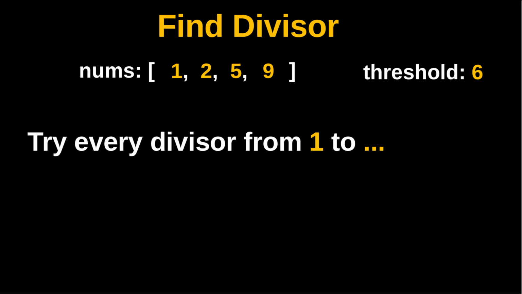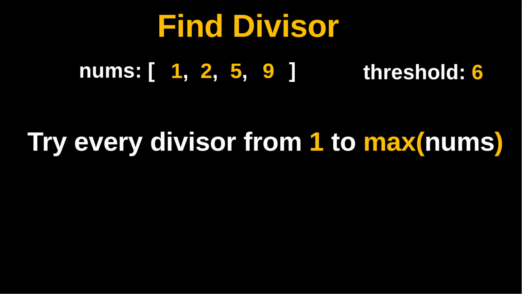The maximum divisor we can use is actually the maximum value of the nums array. In this array, the maximum value is 9, and that's the biggest divisor we can try. If we try anything bigger than 9, the result of the division will also be 1, so there's no point trying any value larger than 9. We will try every divisor from 1 to the maximum value of the nums array.